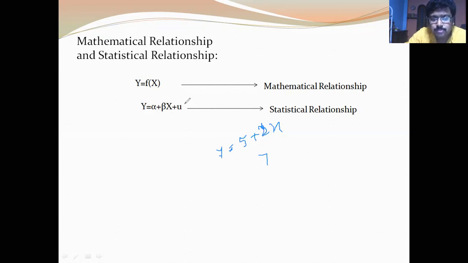This u term is included in a statistical relationship. This is the disturbance term, or the error term. So this error term is included in the statistical relationship.